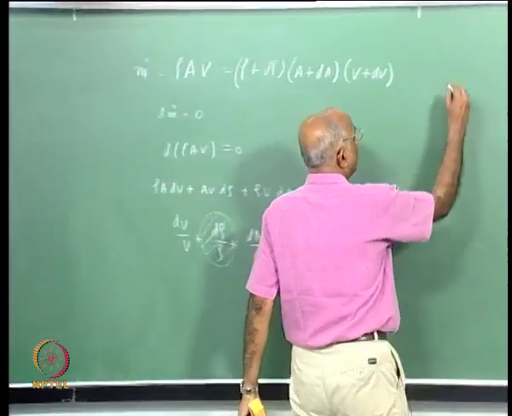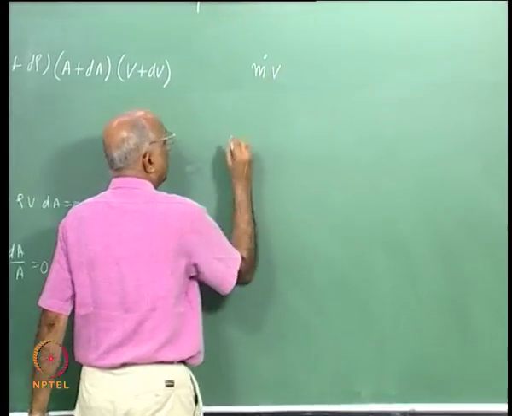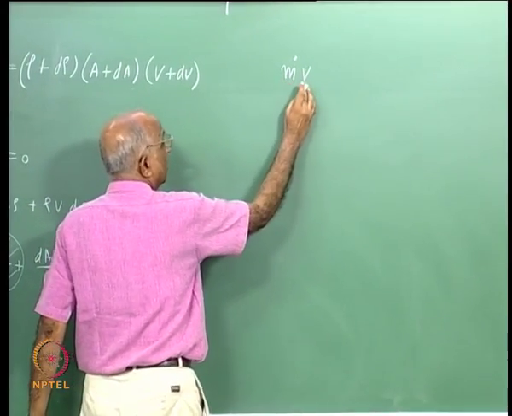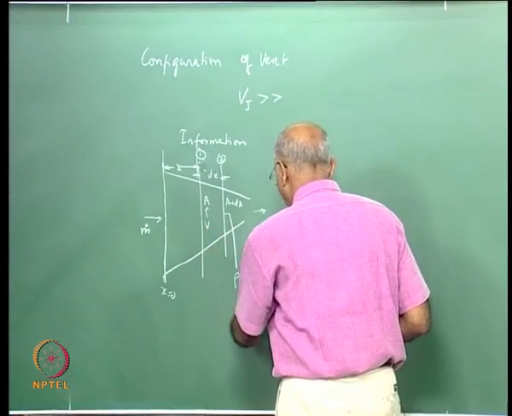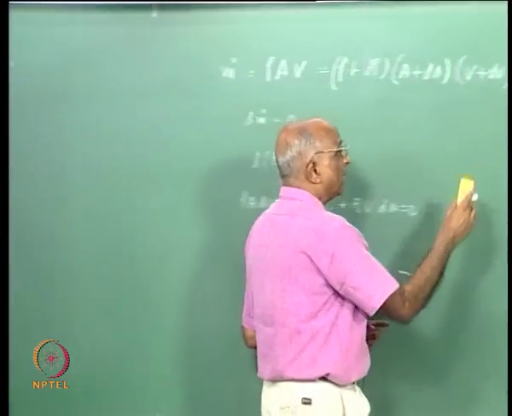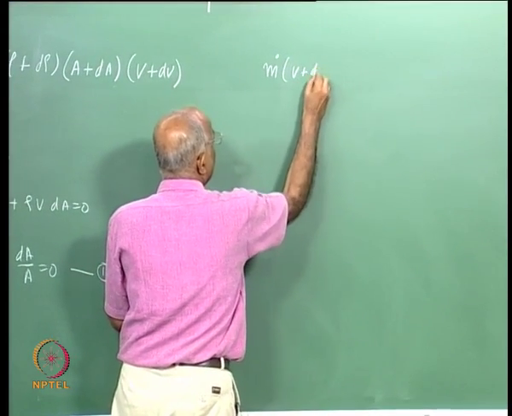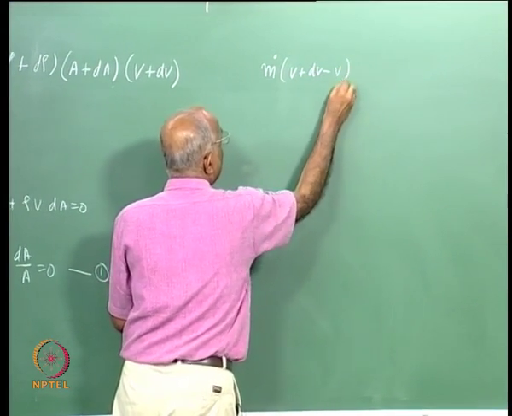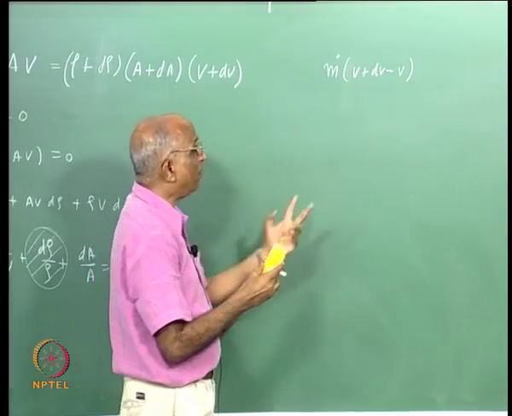The mass flow rate is m dot, the velocity changes from v to v plus dv, that means dv minus v, so m into (v plus dv minus v) is the rate of change of momentum, and this is balanced by the force.